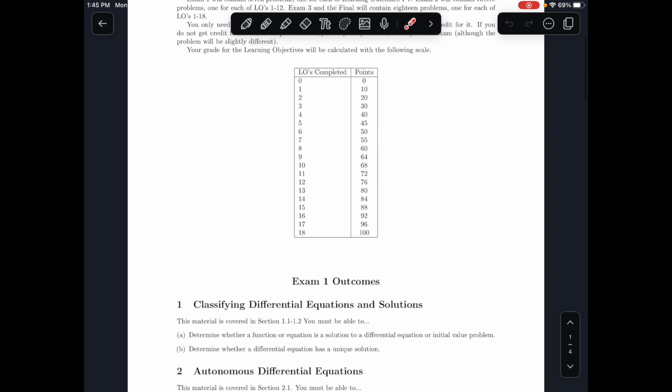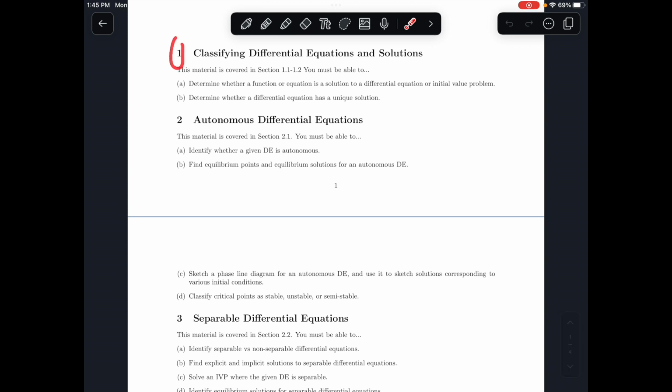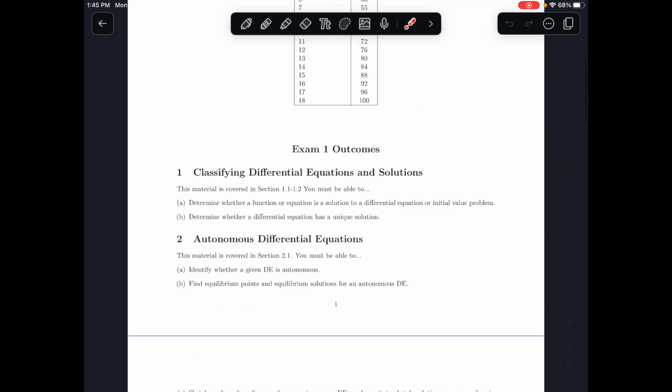If you've mastered, let's say, the first 5 learning outcomes, then you'll see learning outcomes 1 through 5 on the exam, but you don't have to attempt anything that you have gotten in the past, or you specifically shouldn't. There's no benefit to redoing problems that you've already gotten right.